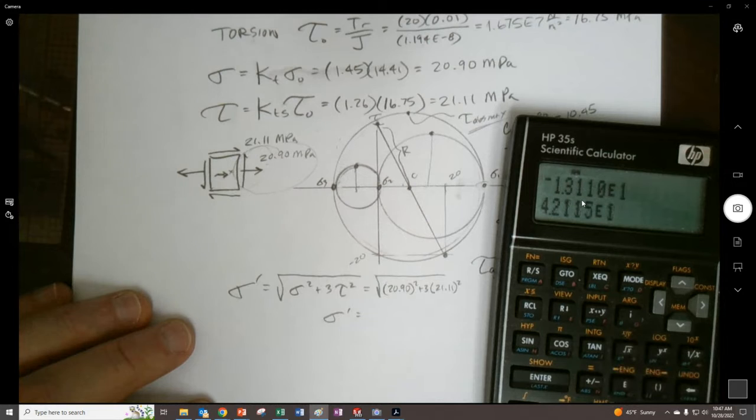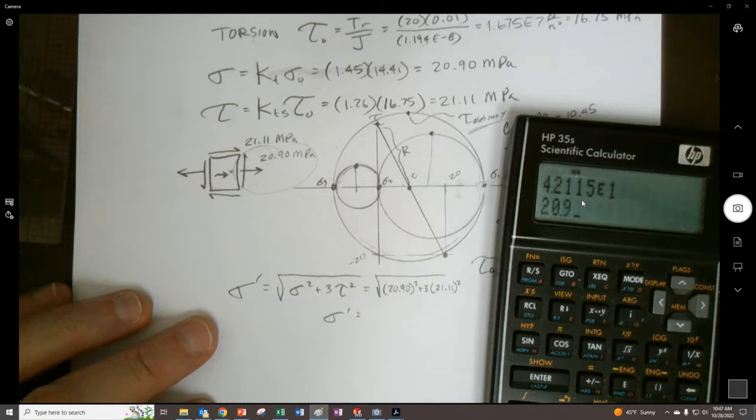Did I do that wrong? I feel like I did that wrong. I'm going to double check. I got 42.12, but I feel like I made a mistake with the buttons. So I like to double check myself when I feel like I made a mistake. One more time then.